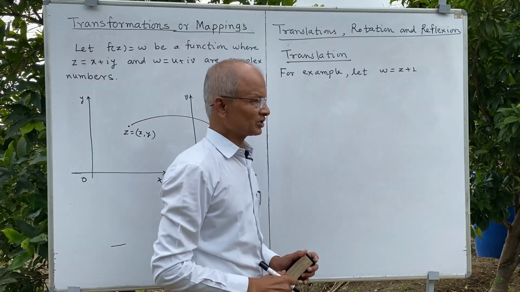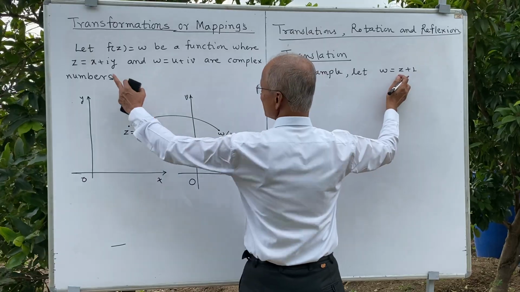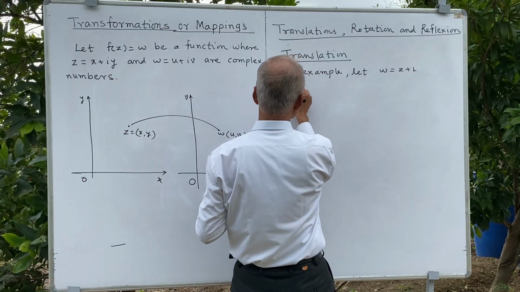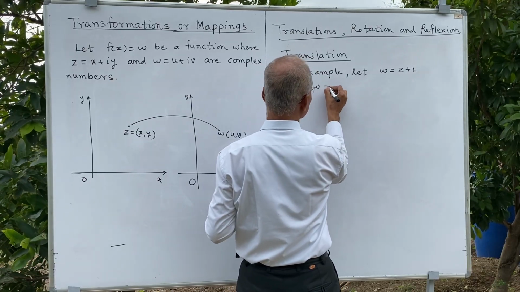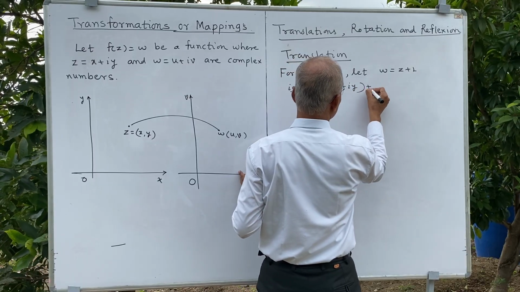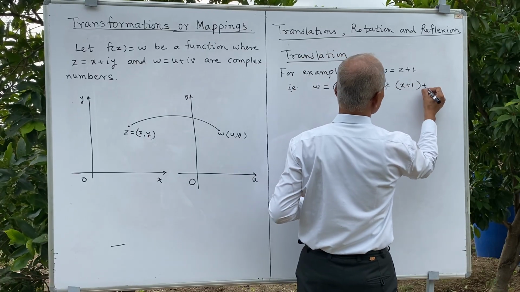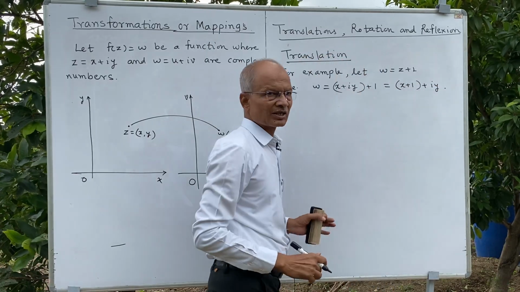This is a transformation. So what is z? z is x plus iy, that is w is equal to x plus iy plus 1, or this means x plus 1 is the real part and iy is the imaginary part.